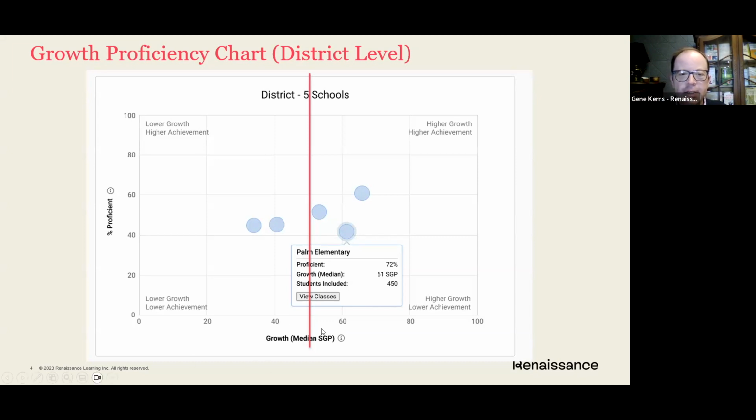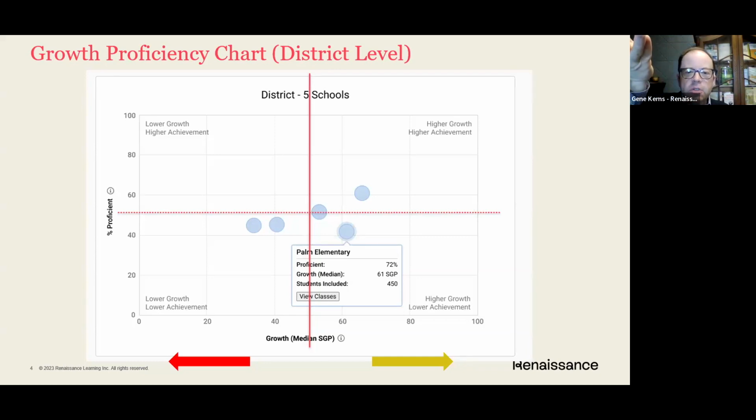The other thing is, in looking at this report, people often say it's helpful to envision it as quadrants. Often people will draw another line running horizontally, and that's proficiency. So across the bottom is growth, up the side is proficiency.